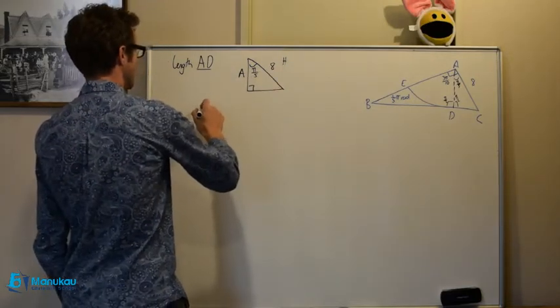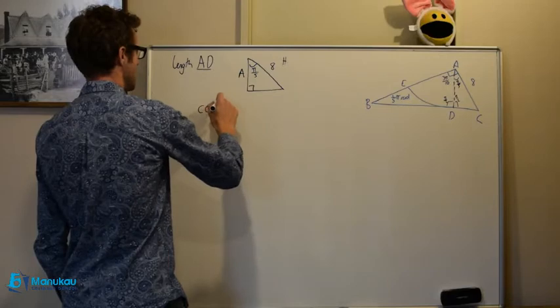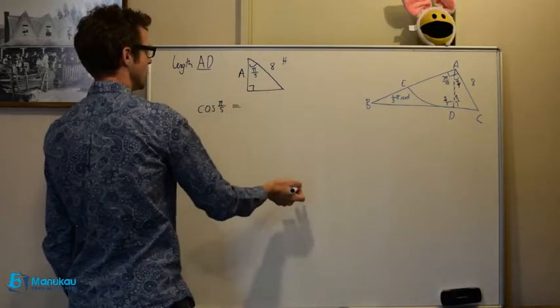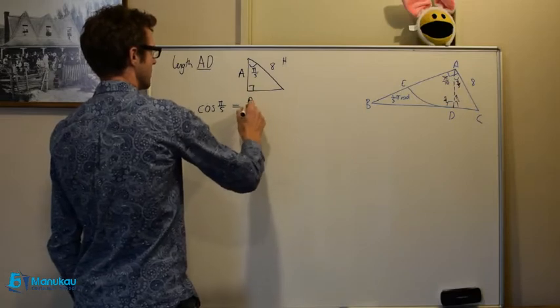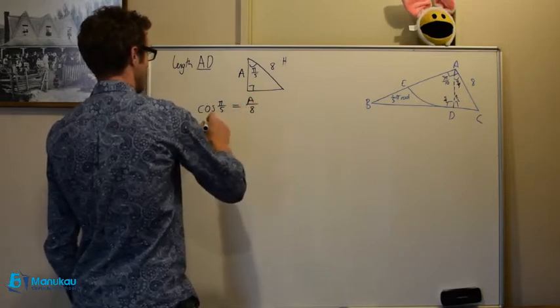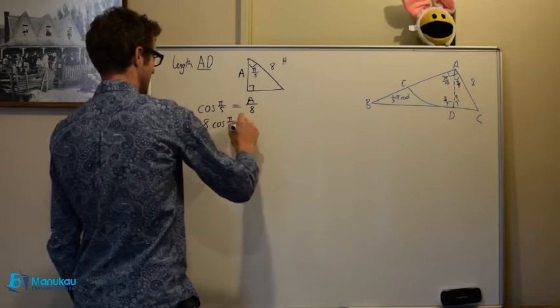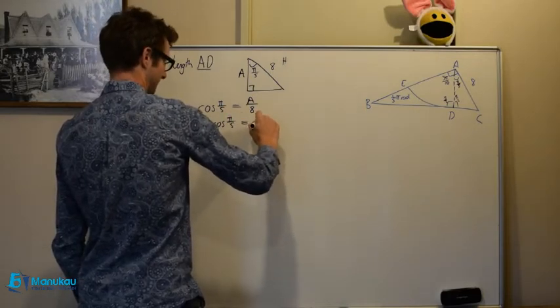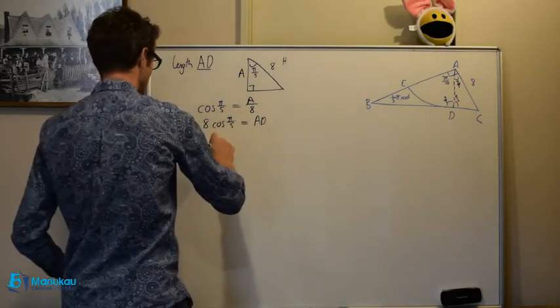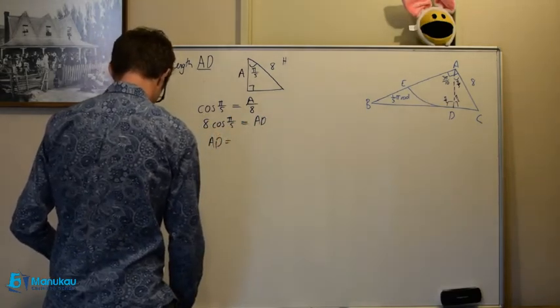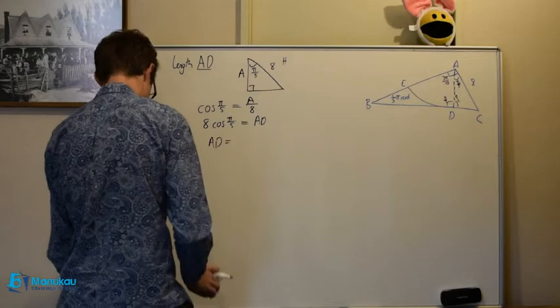So we would go cosine pi over 5 is equal to the unknown, the adjacent, over 8. So 8 times cosine pi over 5 is equal to length AD. Therefore AD is equal to, at this point you can chuck that in your calculator.